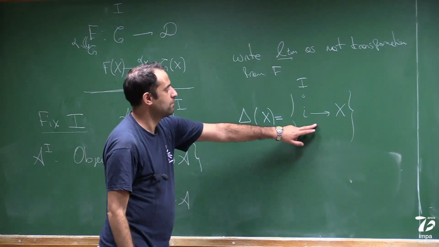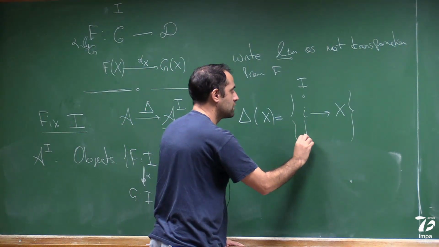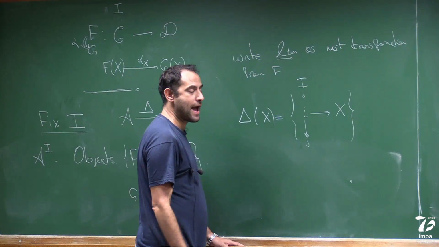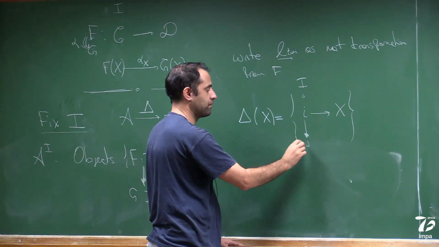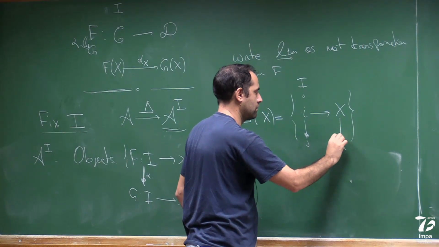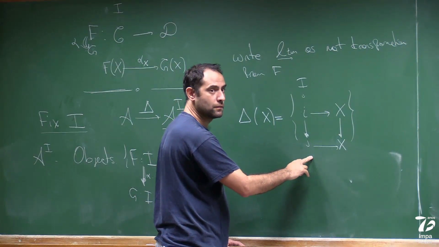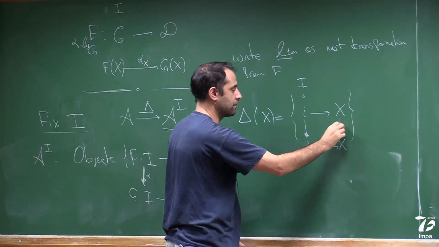It needs to give me a functor, so I need to tell you what this functor does on arrows. For an arrow from I to J, I need to get an arrow from X to X, and I want this diagram to commute. I'm just going to give you the identity.